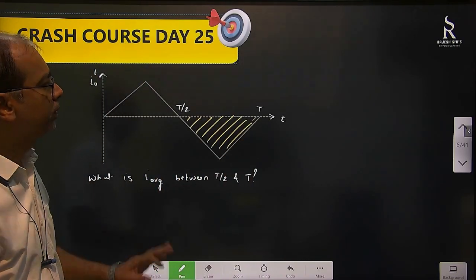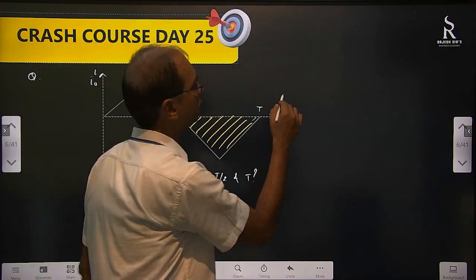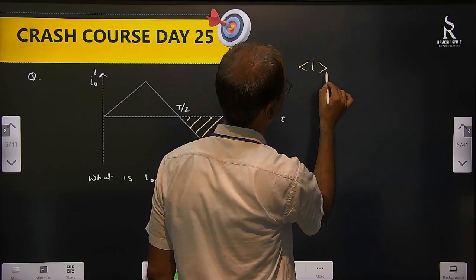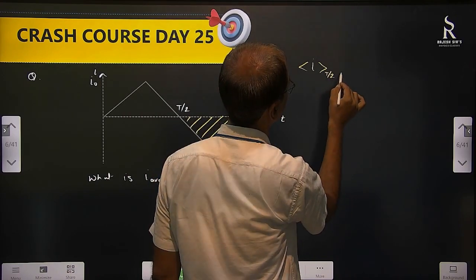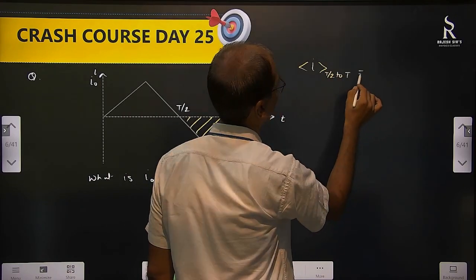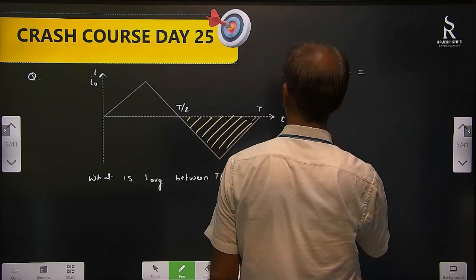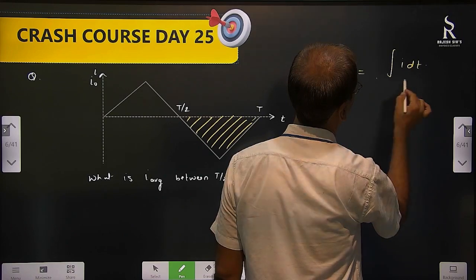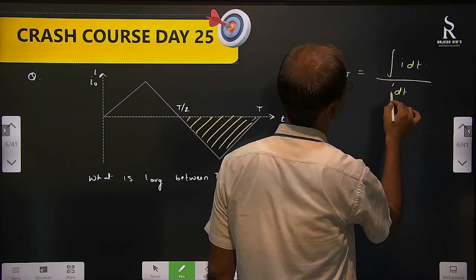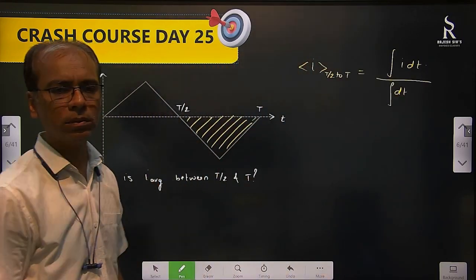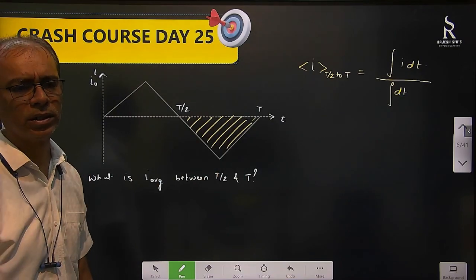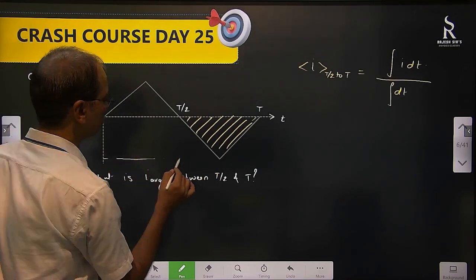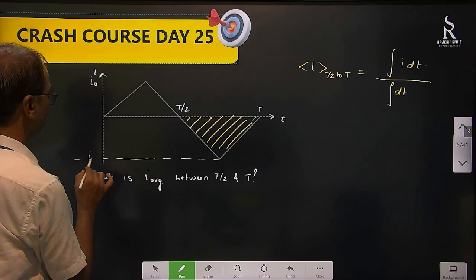Okay, and if we want to write it also in this way, I average from T by 2 to T will be equal to integration of I dt by dt. Though here we are not going to find integration as such, we will directly do it, because area is known to us. This is I naught, minus I naught.